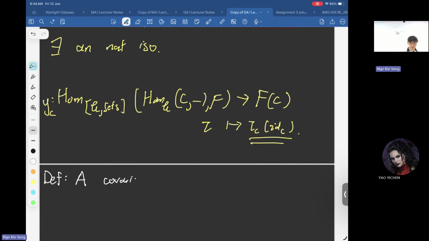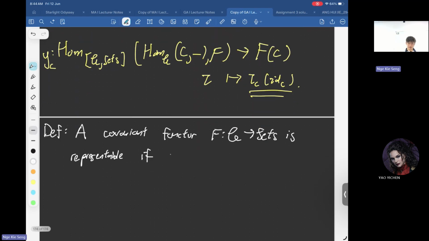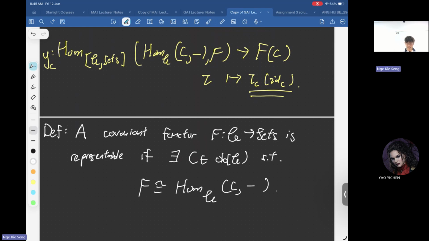A covariant functor F to Set is representable if you can show that there is an object C such that F is isomorphic to hom of C to something.